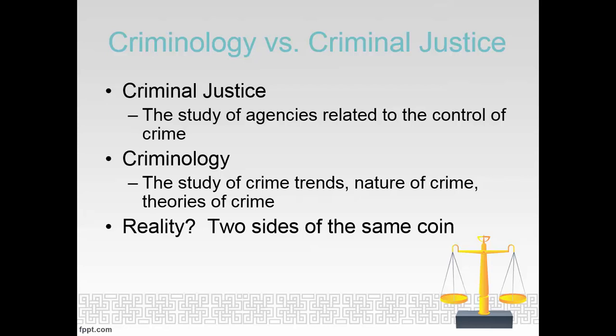People ask me how that differs from criminal justice. You can get a degree in criminal justice, you can get a degree in criminology, and honestly, the same sorts of folks like me teach both places, and so you tend to get the same information. Criminal justice programs tend to focus more on the agencies, so police, corrections, whereas criminology tends to focus more on the nature of crime and causes of crime. But it's two sides of the same coin, because in order to respond to crime, you have to understand what causes it.